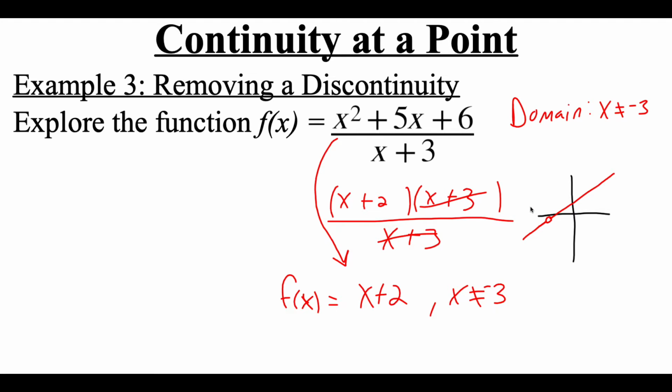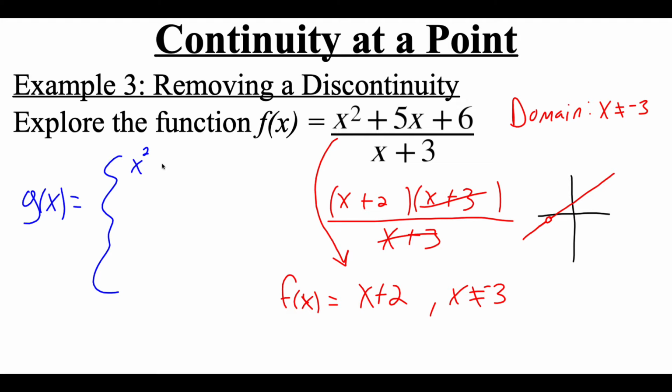But what we're going to try to do is write out a different function using this original one that we were given, but I want to fill in that hole in the graph using another piece. So what we're going to do is write out a piecewise defined function, and I'm going to call it g of x. Now for the first part of the function, I'm going to leave it defined as what our original f of x was.